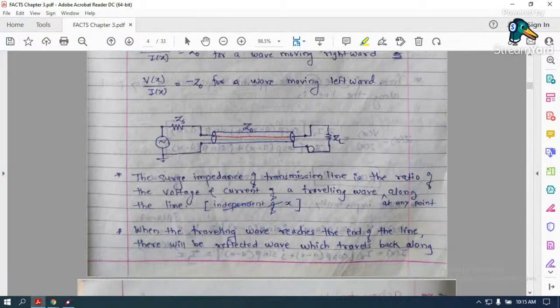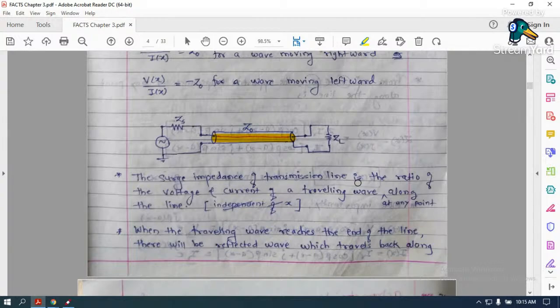Now here you can see that again I have considered the same source and load. Both are connected with the help of a transmission line. The source has a source impedance ZS, the load impedance is ZL, and this is the transmission line, and I mentioned that the surge impedance is Z0.